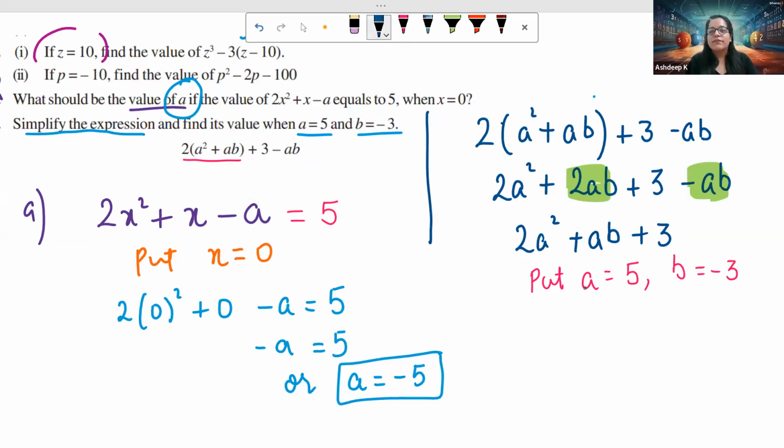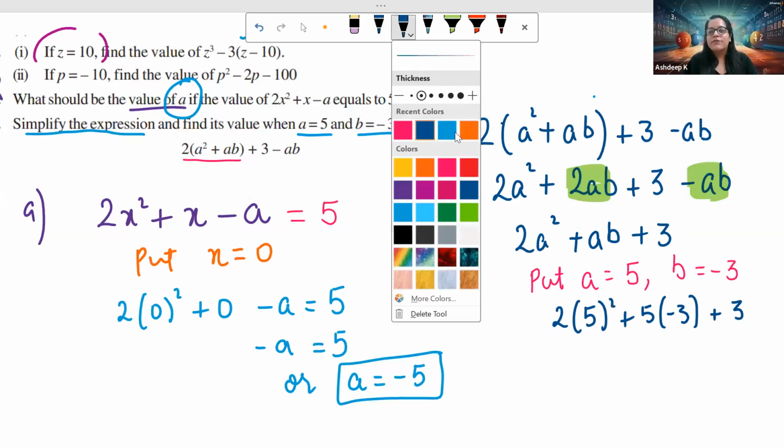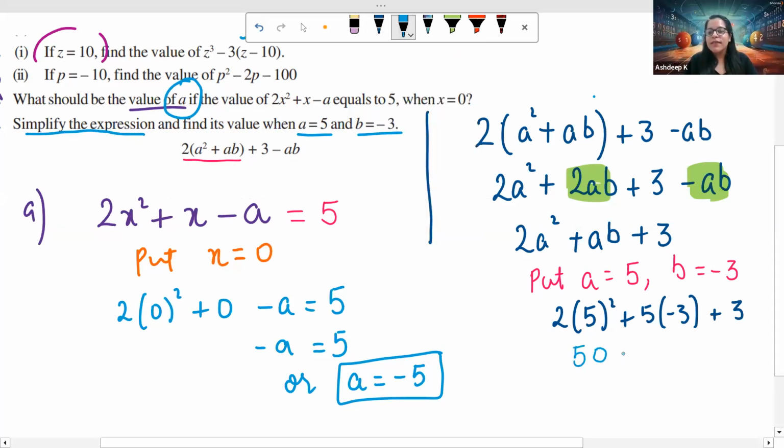So now as we simplify, 2 into 5 square plus 5 into minus 3 plus 3. So here we have 2 into 5 square. 5 square is 25. 25 into 2 would be 50.